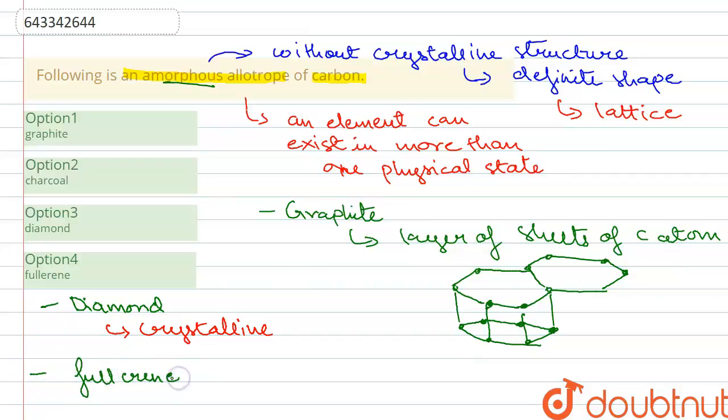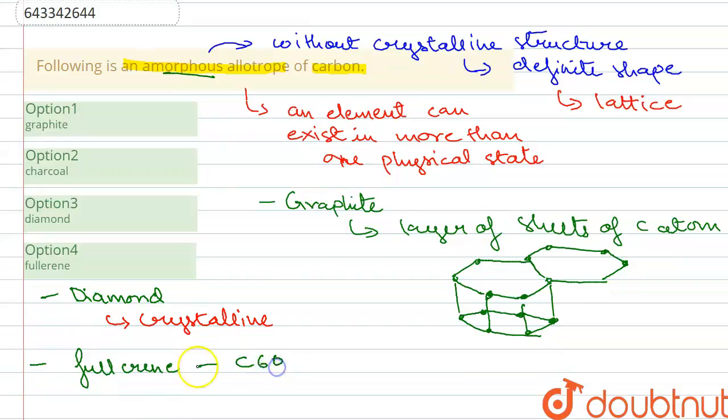Fullerene is also a pure form of carbon, also known as C60. It is made up of 12 five-membered, that is pentagonal, rings and 20 six-membered rings.